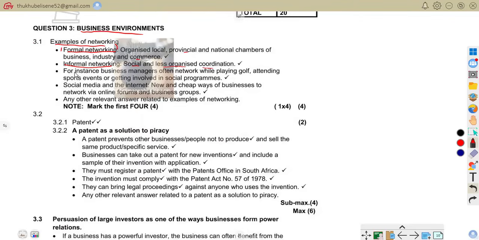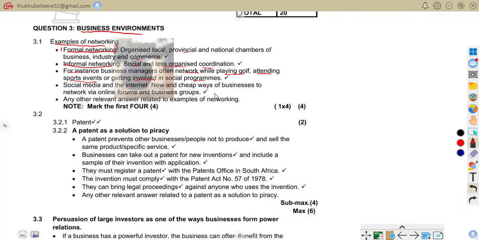It further says, for instance, business managers often network while playing golf, attending sports events, or getting involved in social programs.